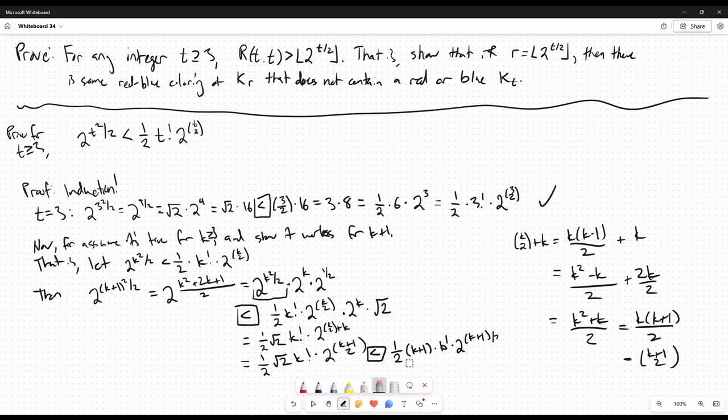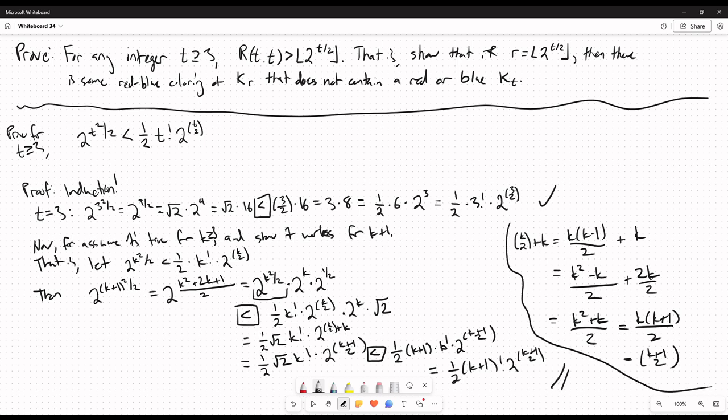That's not what I had there. That's k plus 1 choose 2. And last but not least, I can combine that k plus 1 and that k factorial into a single k plus 1 factorial, and then multiply that by 2 to the k plus 1 choose 2. And that's what we needed to show.